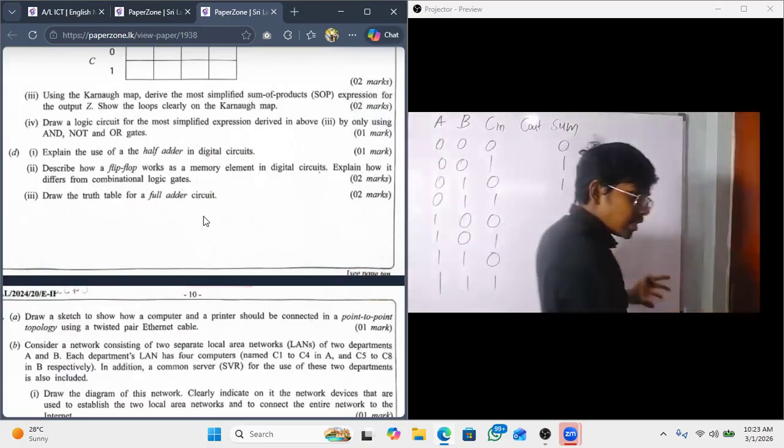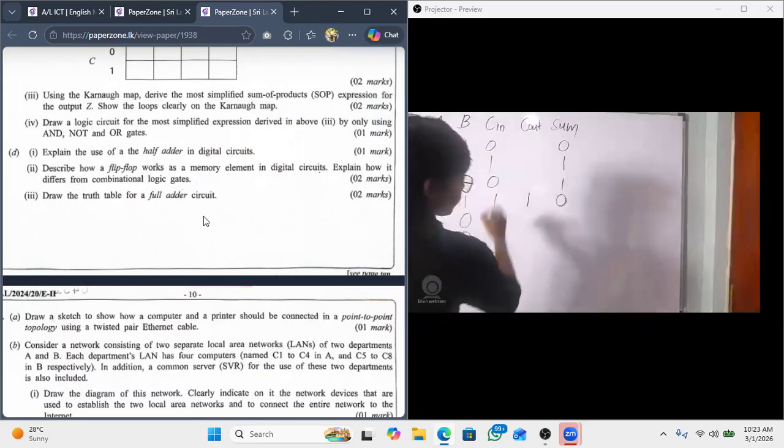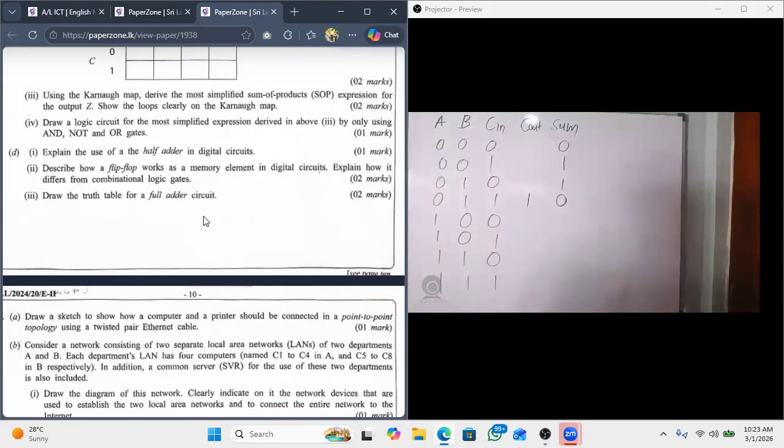Now, this is addition, not the OR gate. 0, 1, 1 is 2. How should you write 2? 0 in the sum, and 1 as carry out. You can write that carry out here. So altogether, you can see it as 2 in binary.